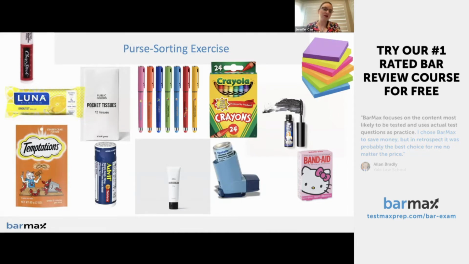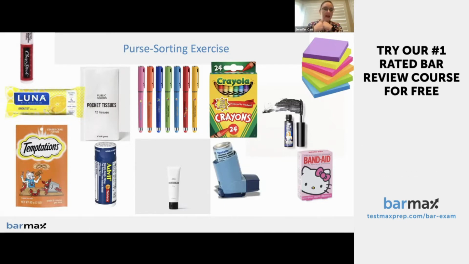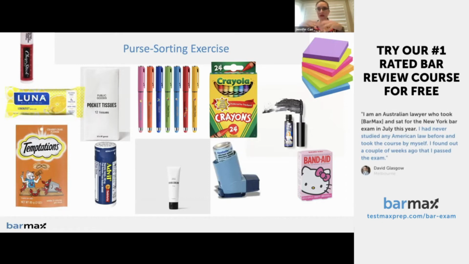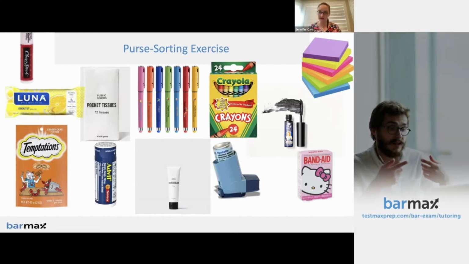So here's your job. I'm going to give you about 2 minutes and I want you to sort this stuff. I want you to imagine that I've got a big old purse, one of those big mom bags, right? And you have some smaller bags. I need to be able to, in a meeting or wherever, grab a small bag and have things in that small bag so that I can grab the hand lotion at once.